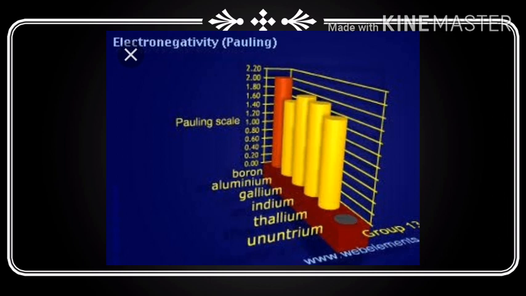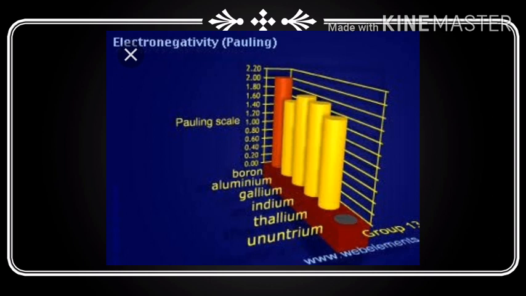So when you move down the 13th group, the electronegativity first decreases from boron to aluminium. That is, when you compare boron and aluminium, it decreases, and then marginally it increases for gallium. Then afterwards there is no appreciable change. Then when you compare the 14th group, the same trend is followed in the 14th group also.